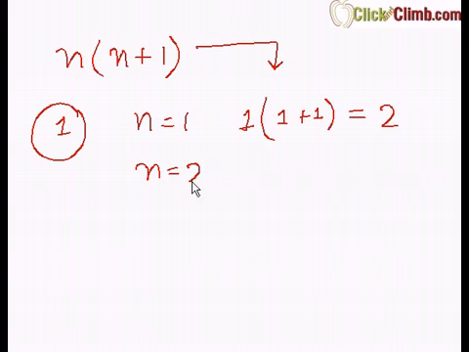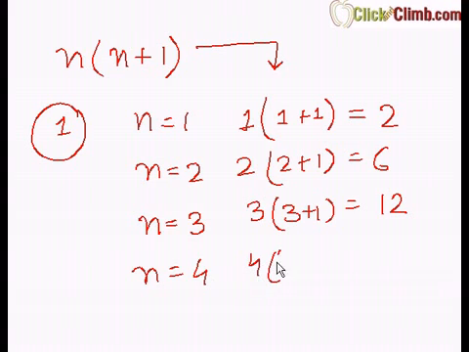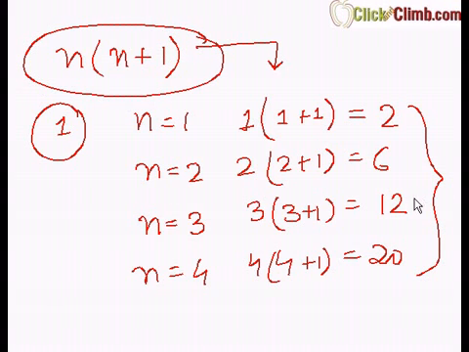For the second term we put n equal to 2, and we get 6. For the third term we put n equal to 3, and we get 12. And for the fourth term, n equal to 4, we get 20. So these are the first four terms of this sequence.